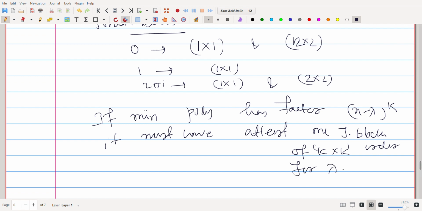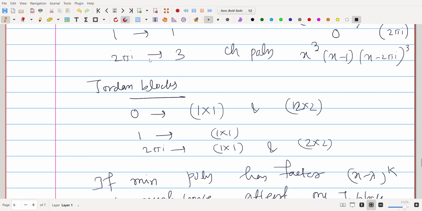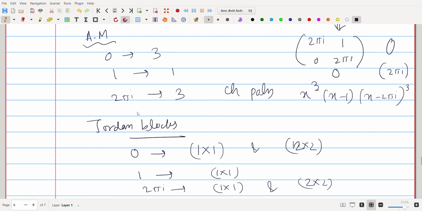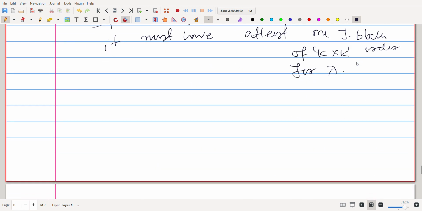So the given minimal polynomial is false, because in the given minimal polynomial for 2 pi i the factor is (x minus 2 pi i) cubed. That means there must be at least one 3 by 3 block corresponding to 2 pi i. But here the largest block for 2 pi i is 2. So this cannot be the minimal polynomial. This one is false.